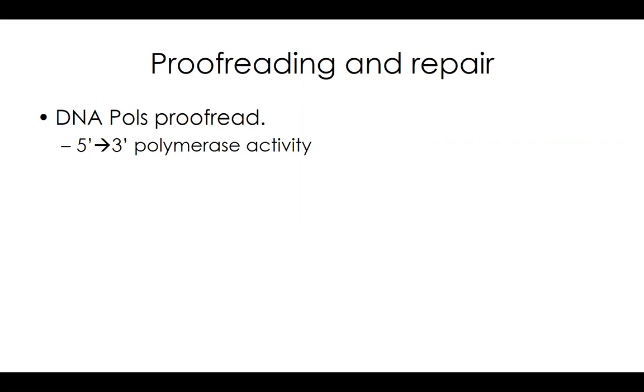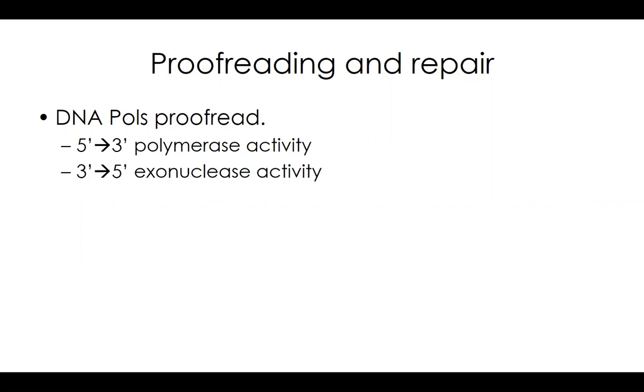But if they make a mistake, let's say that they pair a cytosine with an adenine, they can backspace. This is really only relevant to freshly added nucleotides. It can't just go back and proofread everything it's ever done. This is like if you make a typo, you catch it, you backspace, and you fix it right there. It's not proofreading the whole document.